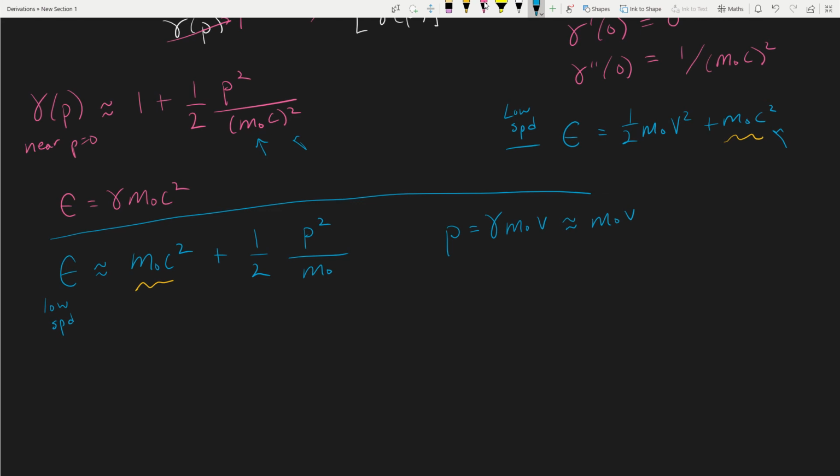So we get E approximately equal to m naught c squared plus 1/2, and then we get m naught squared v squared over m naught, and sure enough we get that that is equal to 1/2 m naught v squared plus m naught c squared.